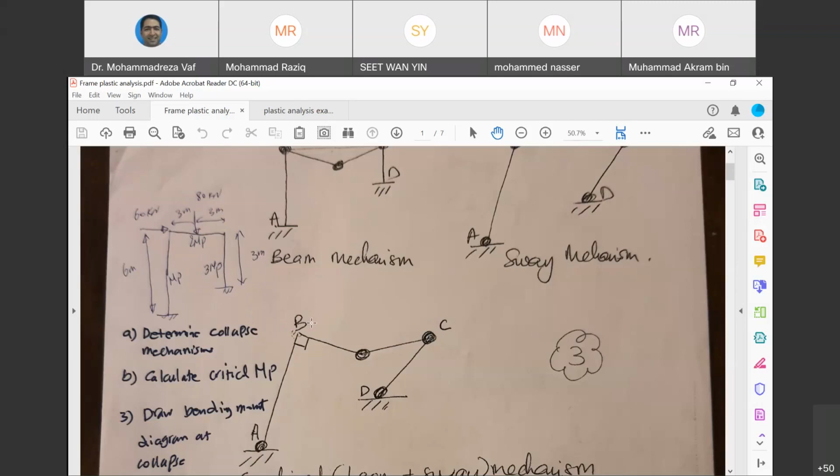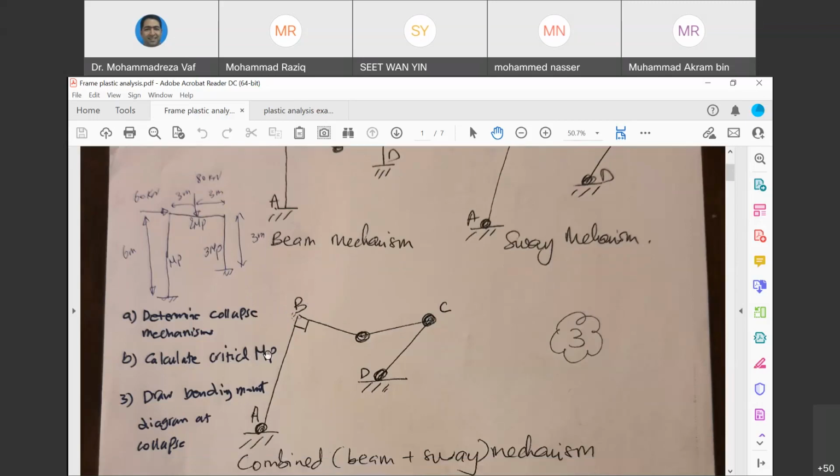There's one point here that you need to understand. The moment that you have a collapse mechanism in the combined condition, if the plastic hinge is occurring on the left side, the right side always has a right angle, 90 degrees. And if you assume that the plastic hinge is at point B, then point C is always going to be a right angle.